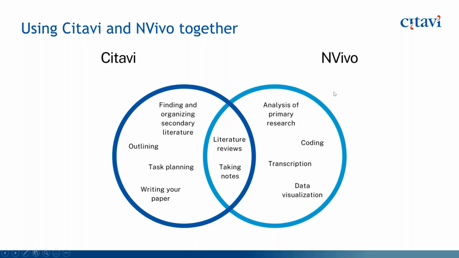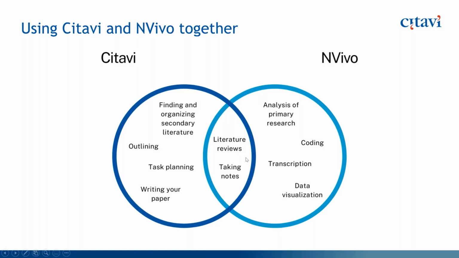And then NVivo is more for the analysis of your research, your original research. And you can use it then for coding, transcription, data visualization, all of those kind of higher level analysis things that you might be doing. And the two programs overlap a little bit in that you can take notes with both and you can use both for literature reviews.